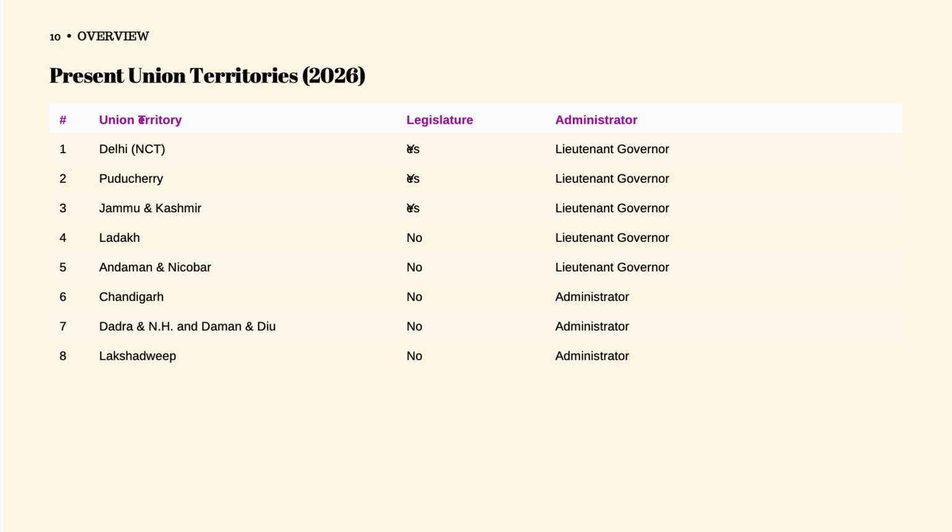And although the governor represents the union government, he acts on the advice of the council of ministers, whereas the administrator will act on the advice of the president. Okay? Administrator is appointed by the president, governor is appointed by the president. Administrator has no independent authority. All actions are taken in the name of the president, whereas the governor has constitutional discretion. We talked about the different ways in which he has discretion.